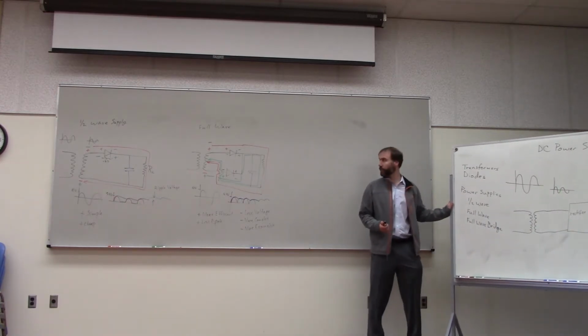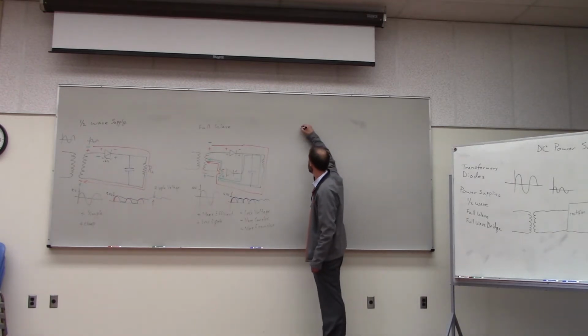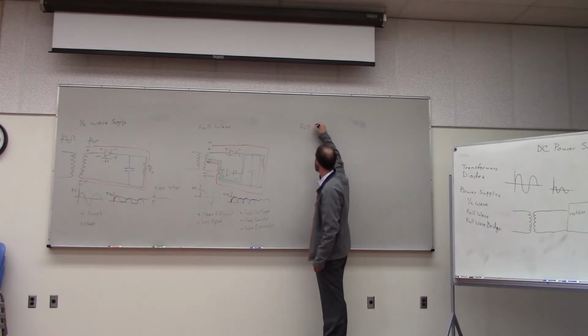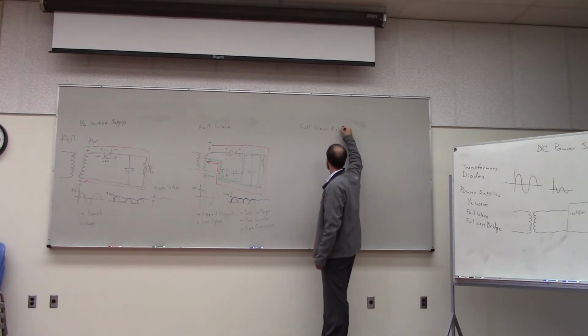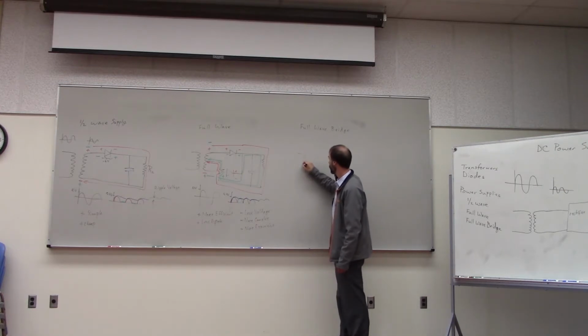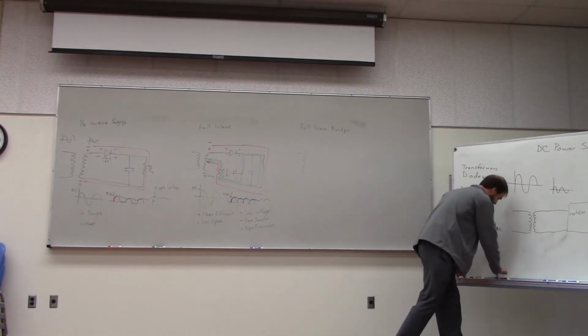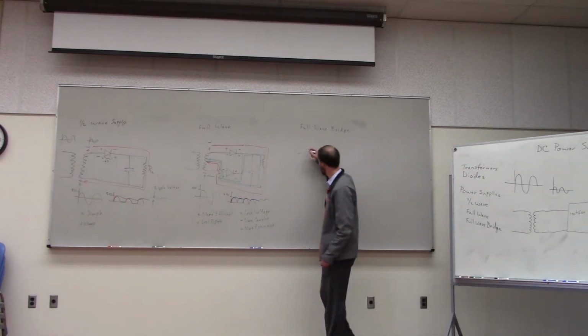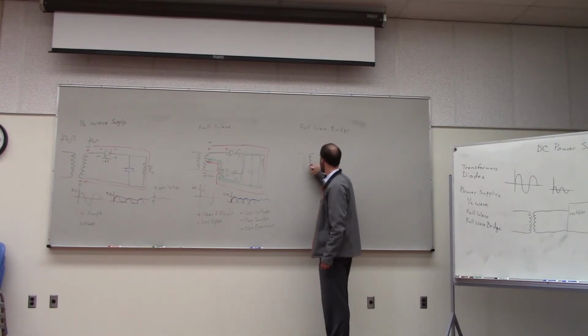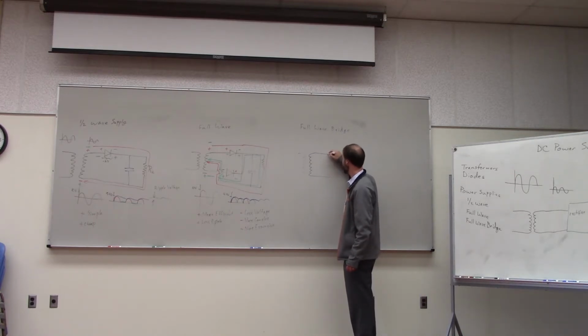So let's talk about the full-wave bridge supply here for a minute. This one's always the hardest one to draw. Let's start with a pen that actually works. All right, that's better. So we have the transformer at the beginning, like always.